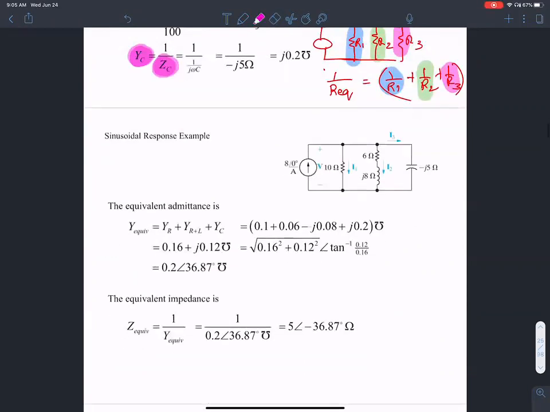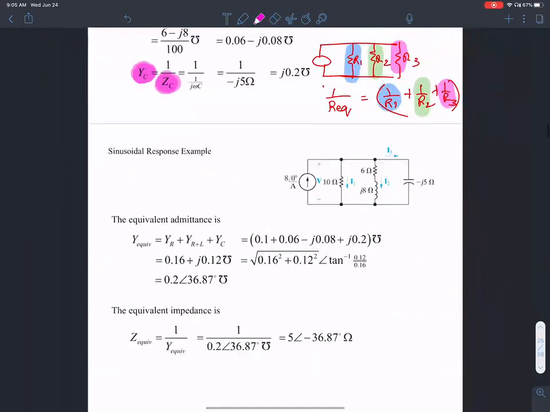The admittance is simply the reciprocal. When I calculate the sum of the admittances, I get Y equivalent. Once I have Y equivalent, the inverse of Y equivalent will give me the Z equivalent impedance.